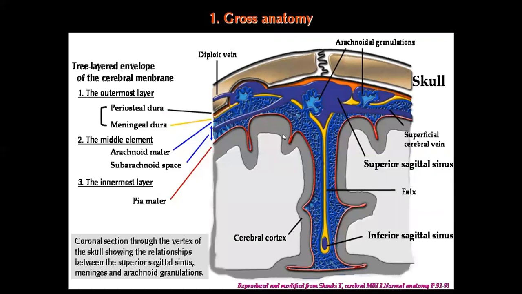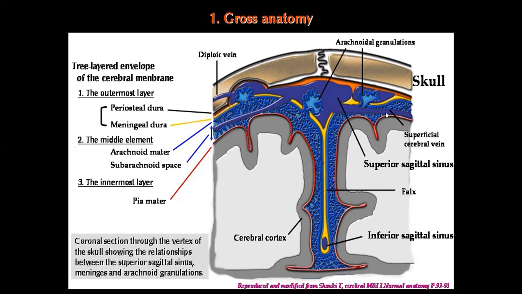So if you see the gross anatomy, this is the cerebrum here. The outermost layer is the periosteum and meningeal dura. This is the yellow one. The middle component is the arachnoid and subarachnoid space here. Innermost is the pia mater, which is attached to the brain.